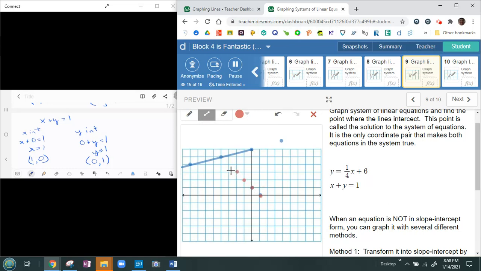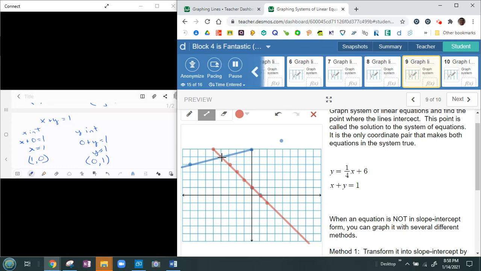So let's see. Oh, I just followed, see, I thought those two, I follow that same slope in between those. I plotted the slope-intercept, I plotted the x and y intercepts, and then I saw they were 1 and 1 away, so I just followed that kind of staircase up to see what would happen and how these would cross.